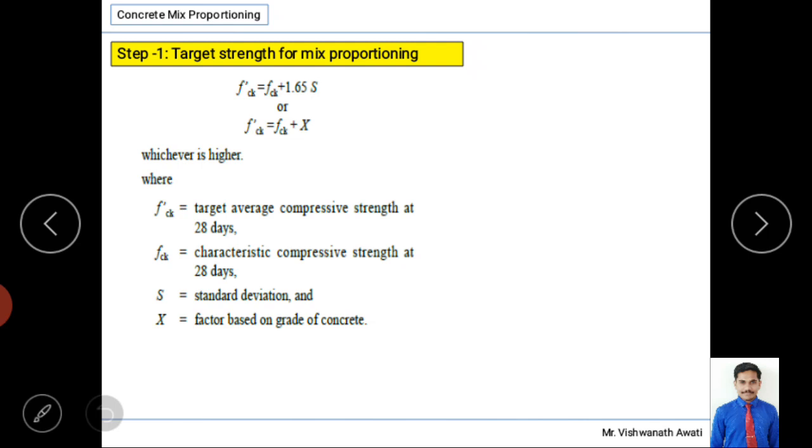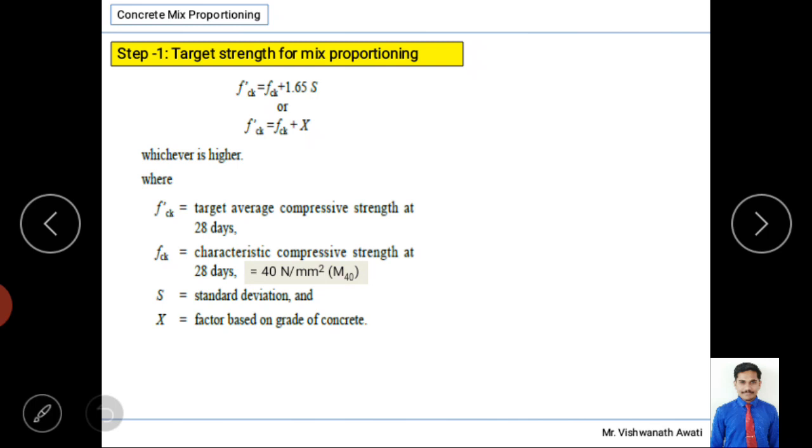That equals fck plus 1.65 S. So here we have to understand what we mean by fck. So fck is characteristic compressive strength at 28 days, right? That is already given, M40. So then it is 40 Newton per mm square, right? Because M40 is already given, that is the characteristic compressive strength at 28 days.